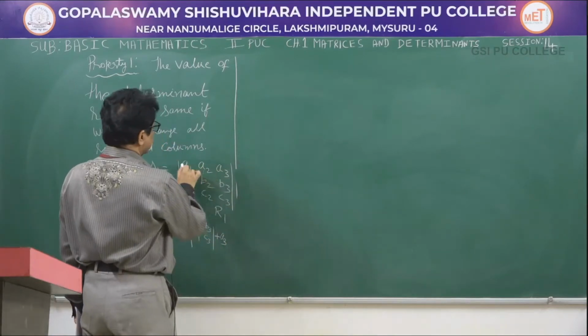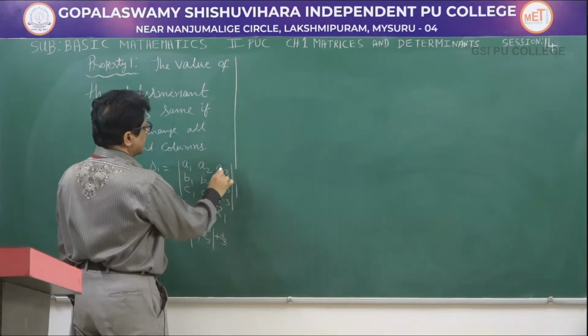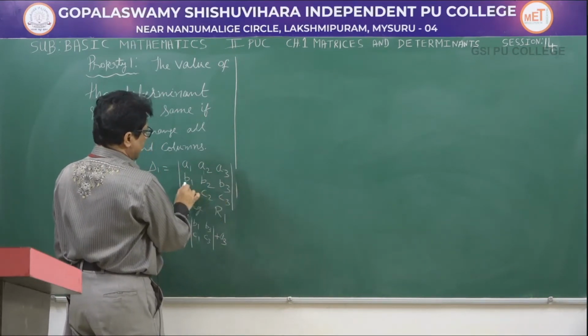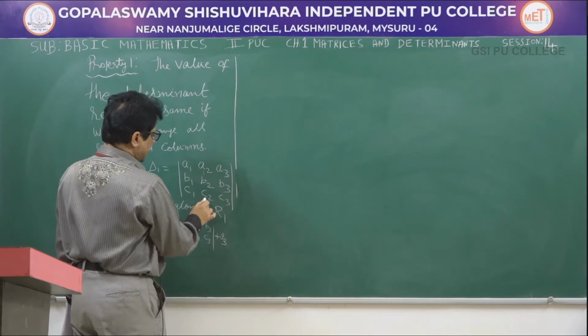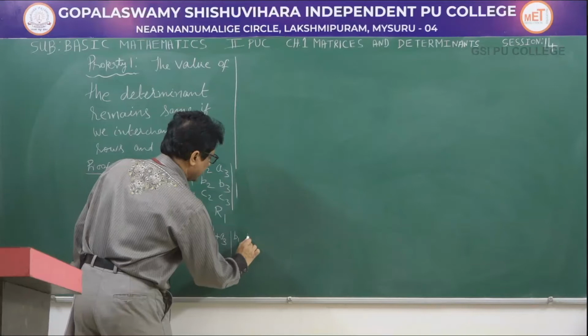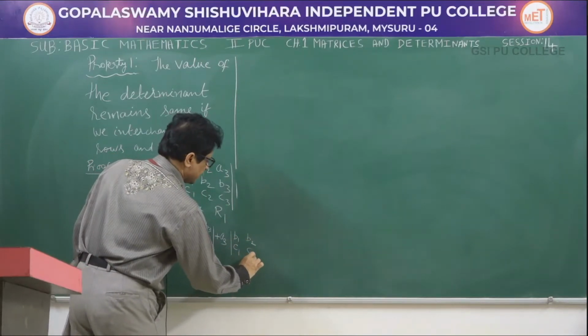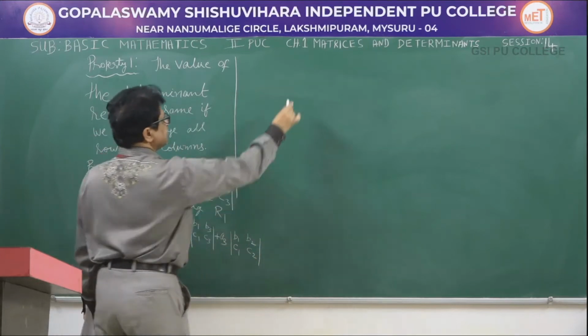So, A3 lies in the first row and third column, we eliminate the first row and third column and take the determinant of the remaining elements, that is determinant of B1, B2, C1, C2.